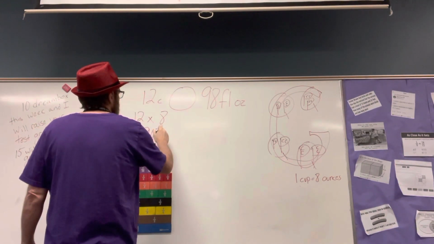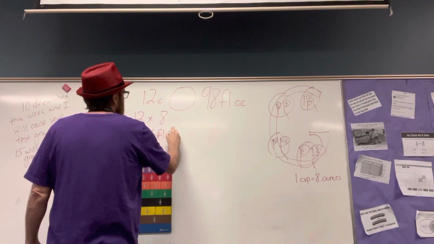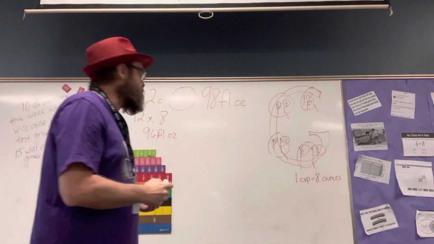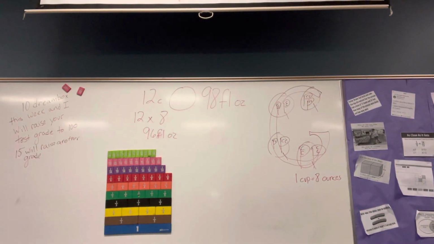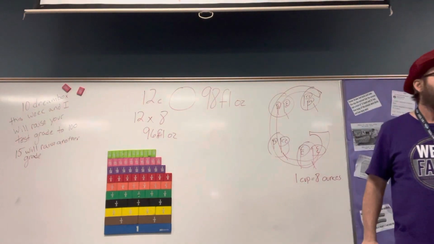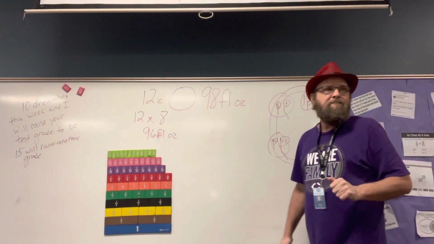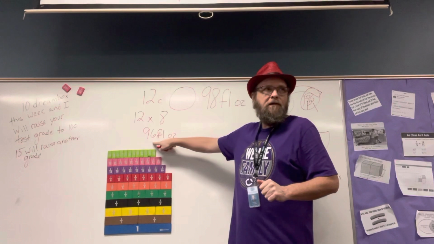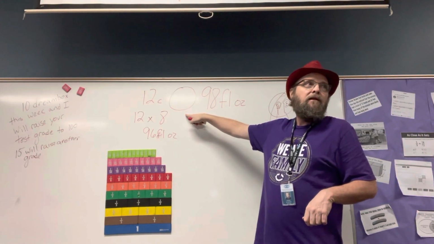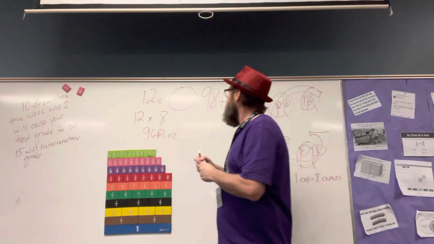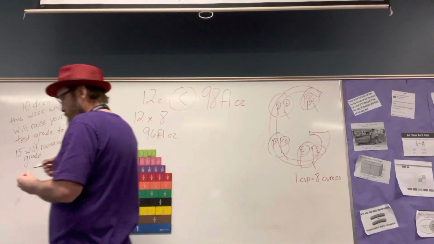So this is 96 fluid ounces. Now we can compare because they're the same. We have 96 fluid ounces and 98 fluid ounces. Less than, greater than, or equal to? 96 fluid ounces is less than 98 fluid ounces.